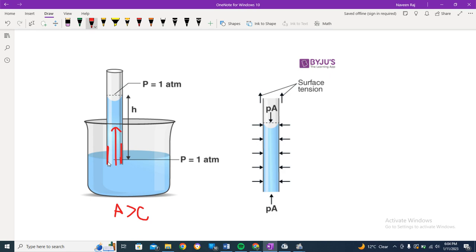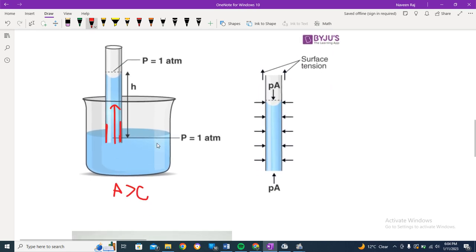So adhesive forces are greater than the cohesive forces, the water gets attracted towards the surface of the test tube, and it starts going upwards. If you just put mercury in this bowl, this will not happen, because the cohesive forces are more than the adhesive forces in mercury. While if you have water in it, this will happen, of course. You can carry out these experiments in a chemistry lab and verify, because some people may think I'm telling you a lie. This is the truth, and this is chemistry.